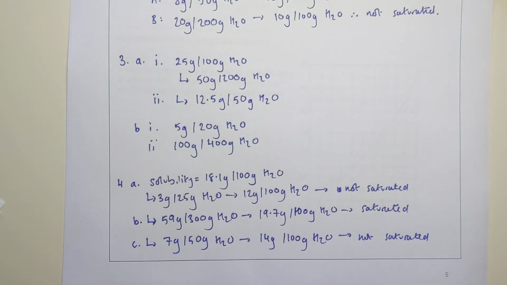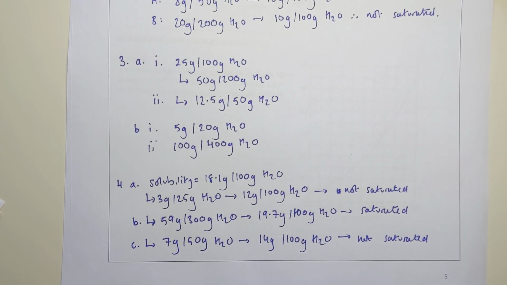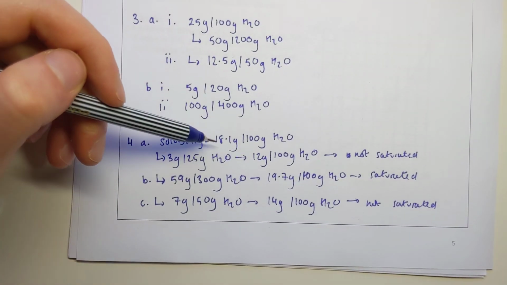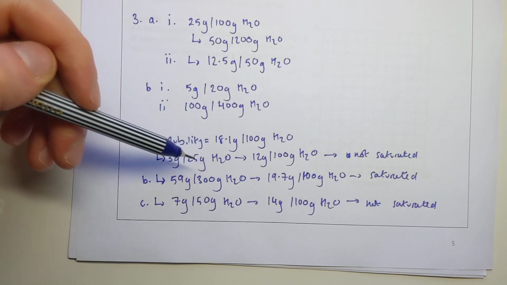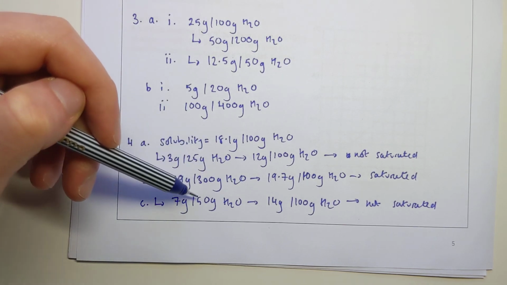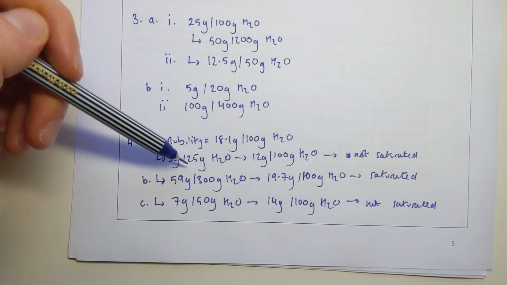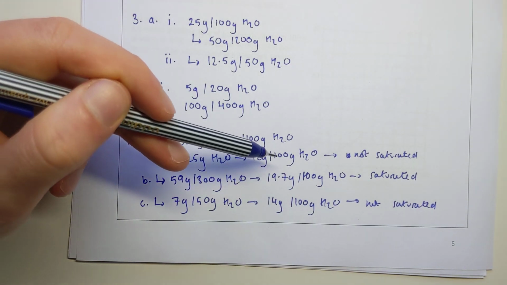With question 4, we're given information about potassium dichromate. At 30 degrees C, its solubility is 18.1 grams per 100 grams of water. Explain whether the mixtures below were saturated or unsaturated. So if the solubility is 18.1 grams, I'm going to do some conversions to convert these values into values out of 100 grams. So 3 grams per 25 grams is the same thing as 12 grams per 100 grams.